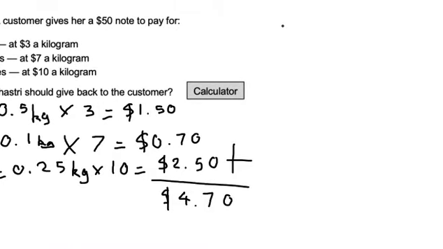So let's do that over here. 50 minus 4.70, and if you run that through your calculator, what you should get is $45.30.